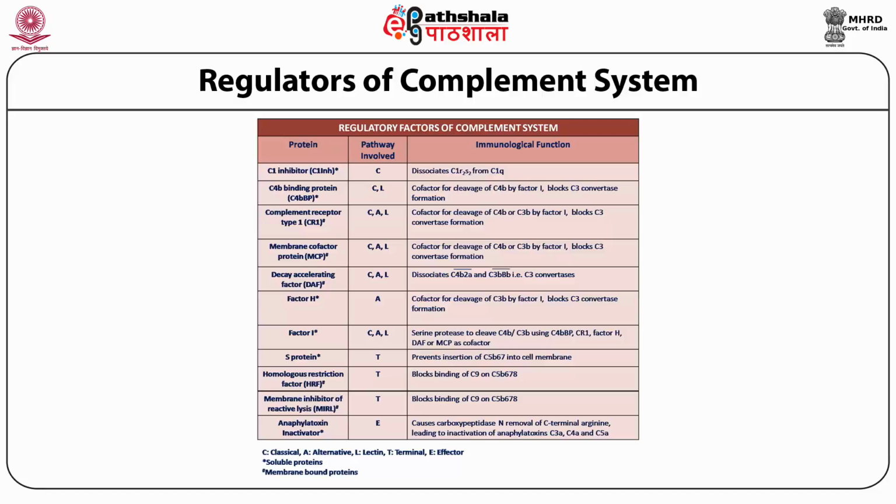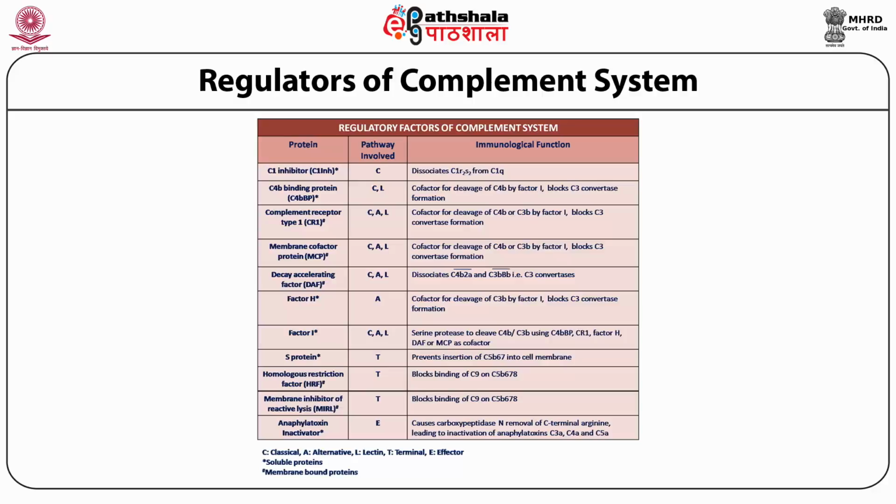A number of regulatory proteins also serve as regulators of the complement system, as shown in the table. Many of these proteins are encoded at a single location on chromosome 1 in humans and known as regulators of complement activation, that is the RCA gene cluster.